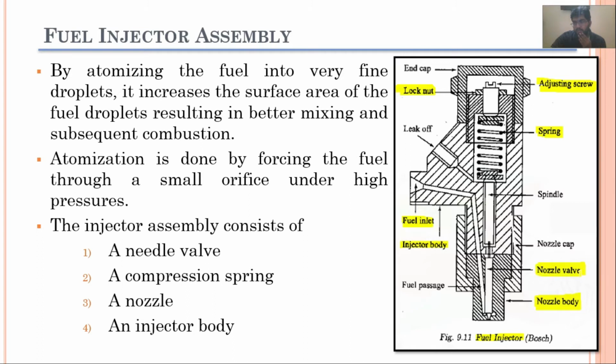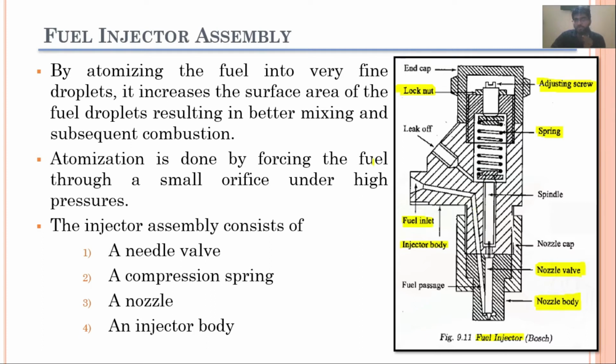For example, if with the passage of time our fuel pump is not operating up to the desired pressure, instead of replacing the fuel pump we can simply adjust these screws to change the pressures at which this nozzle valve will open and close. So by adjusting the screw we can adjust the amount of force which this spring will be exerting.